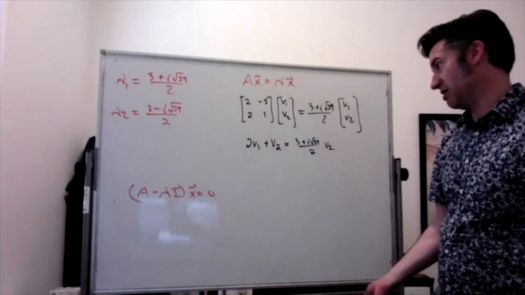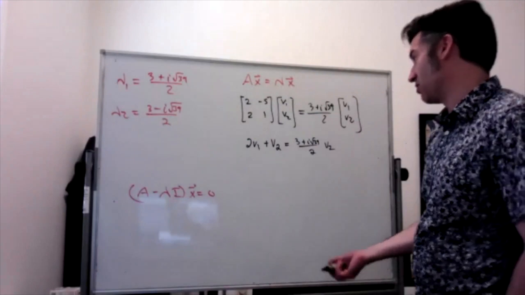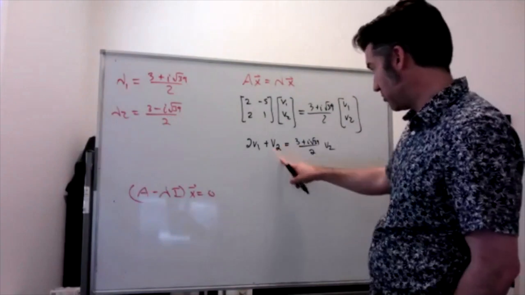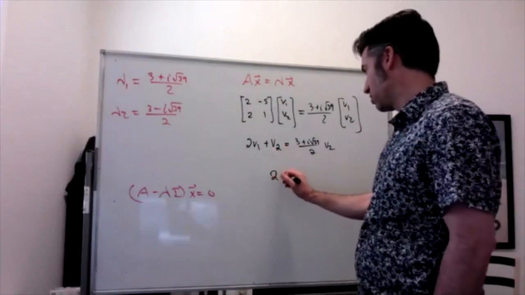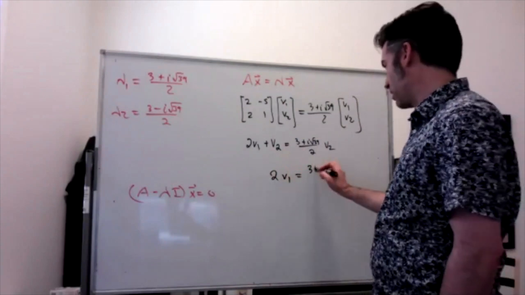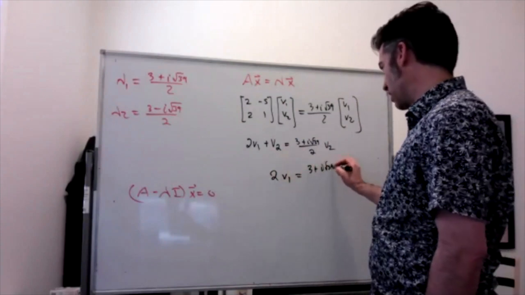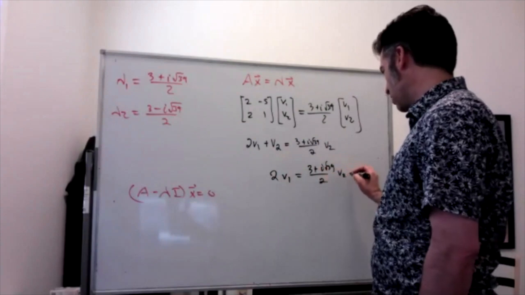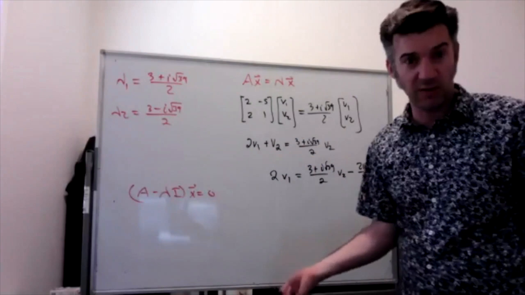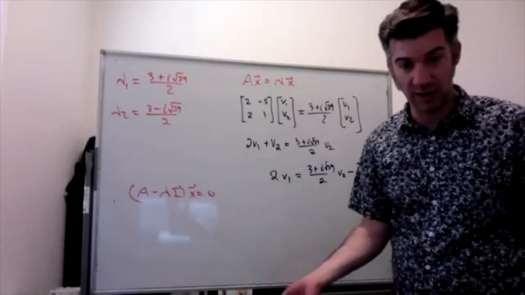So then I'm going to subtract this over. So 2v1 equals (3 plus i root 39) over 2 v2 minus 2v2 over 2, right? Instead of doing v2, I'm going to do 2v2 over 2. It's going to make a common denominator.